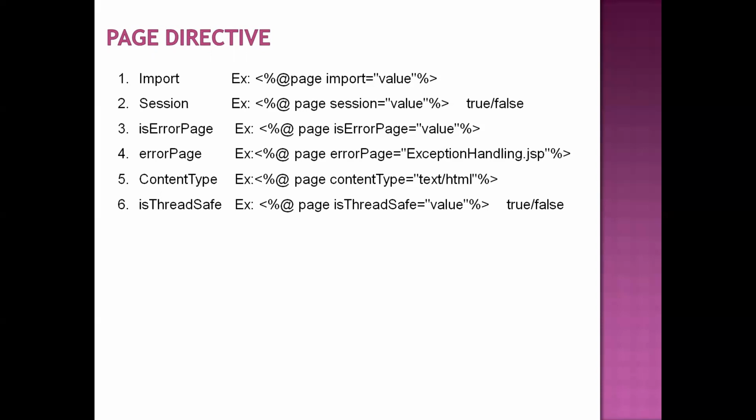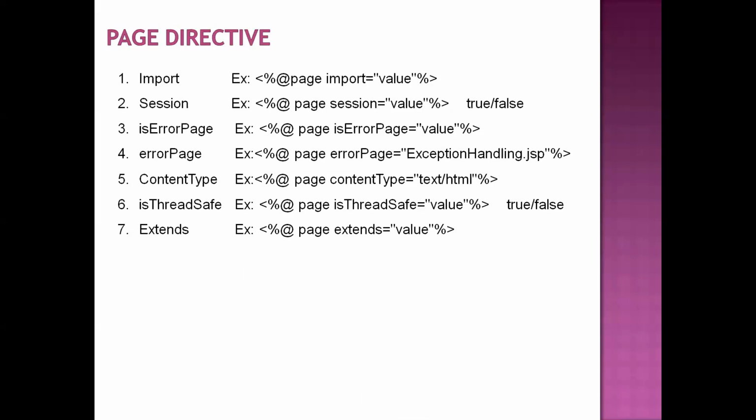Suppose if you set the isThreadSafe attribute as false, then the JSP engine will not allow you to execute multiple threads. It will allow you to execute only one request at a time using a single thread. That is the meaning of the isThreadSafe attribute.